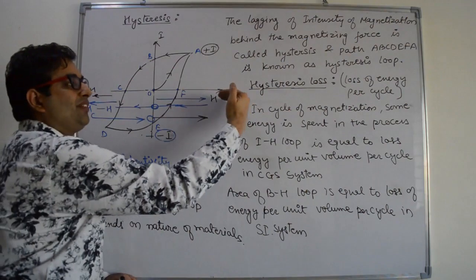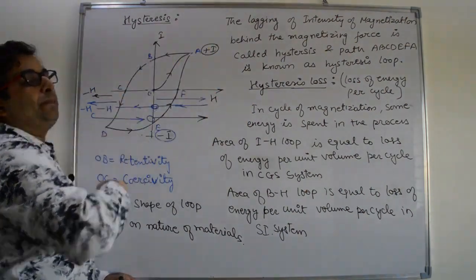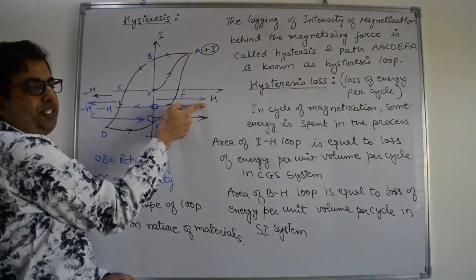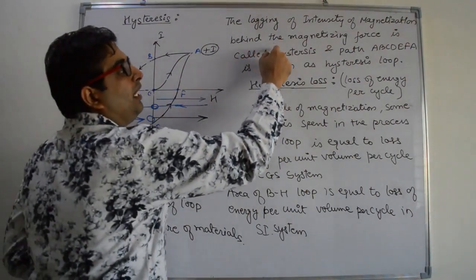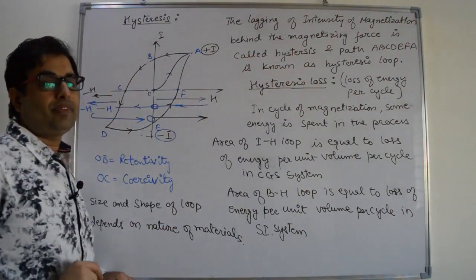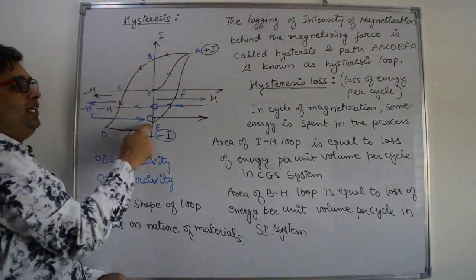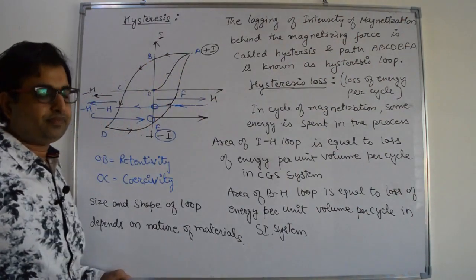If we decrease the value of H, I will not follow the same path. So there is a gap between I and H. This gap or lagging is known as hysteresis, right? And the path A, B, C, D, E, F, A is known as the hysteresis loop.